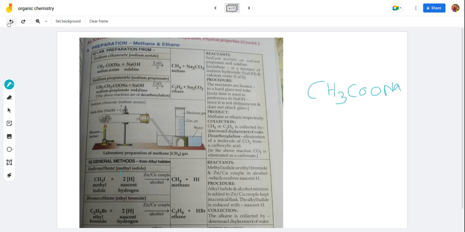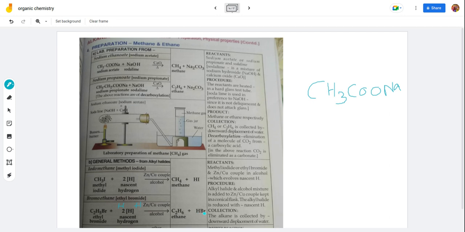Now you can see here this reaction. In this case, C2H5Br, as I told you, 2H means the same thing. If you have the reagent zinc copper couple in alcohol, you get the nascent hydrogen. So here one H will be removed as HBr.